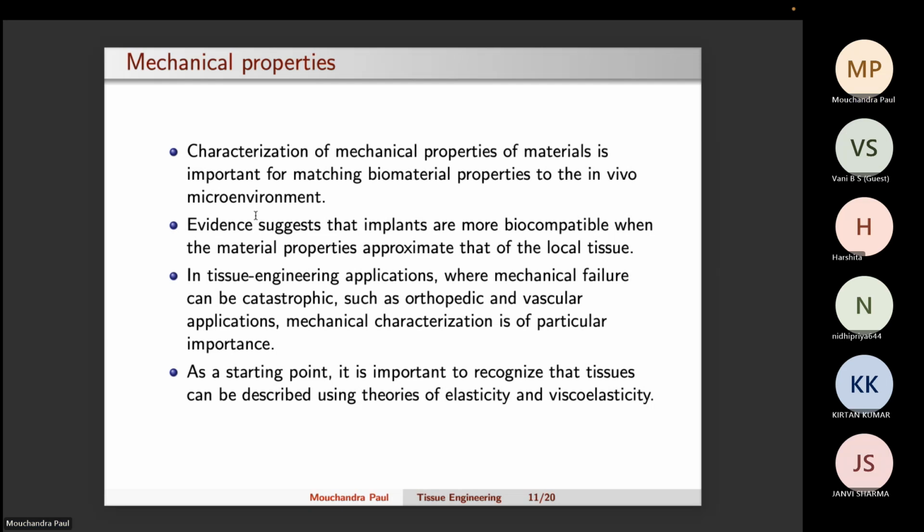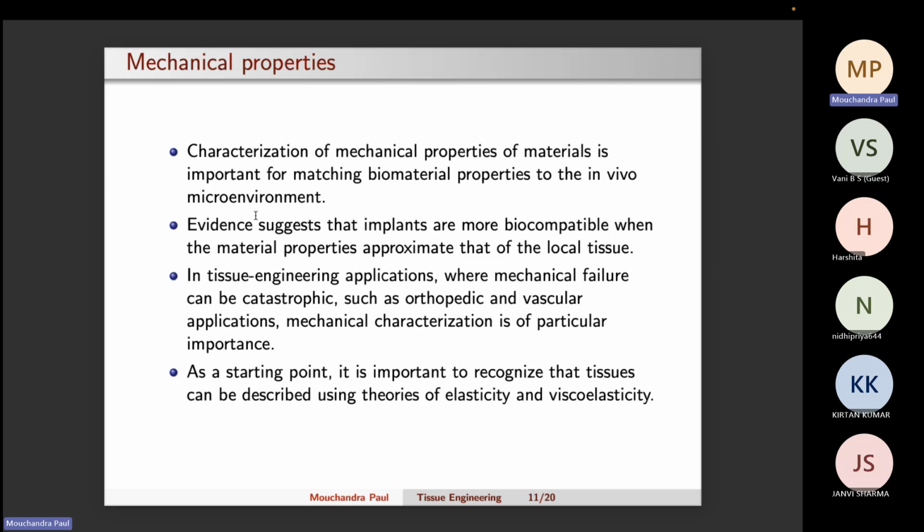So for making a prosthetic for your bone, you would choose a material which has strength similar to the bone present in our body. Which is why people use metals to make bone prosthetics. They don't use polymers. Polymers generally have very low strength in comparison to metals.